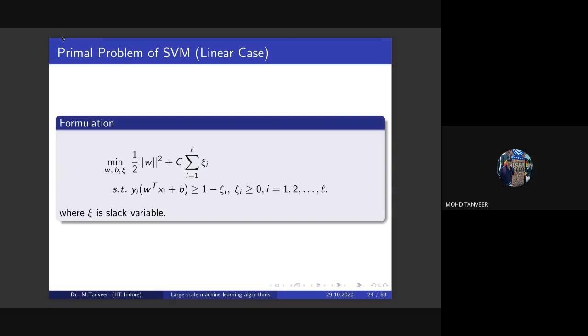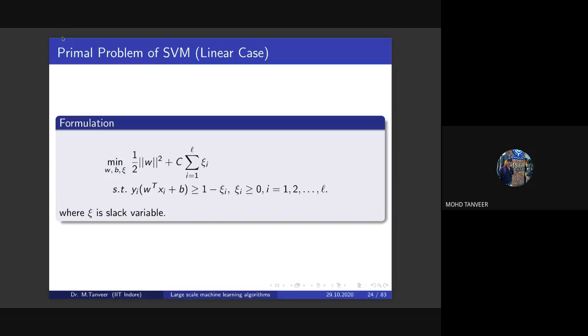I would discuss this formulation in detail, how to solve it, and how to find its dual formulation. Before going ahead with solving this formulation, I would discuss the basic understanding of an optimization problem.